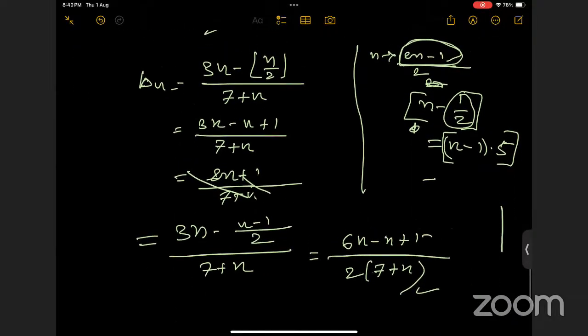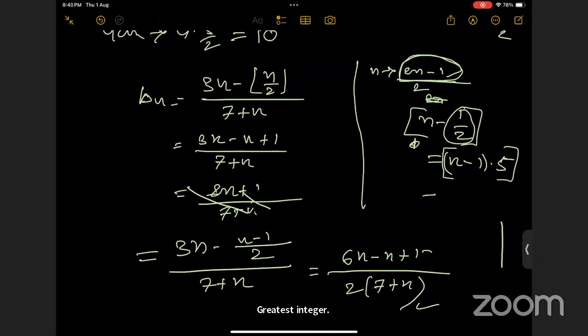Greatest integer smaller than that value. So if you want an integer, then both would have the same denominator, right? No, I was explaining why it is n minus 1 by 2. Ma'am, it would be 2n minus 1, no? Because n is given odd.